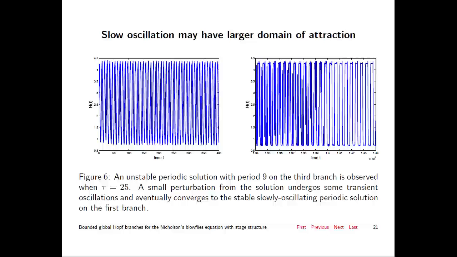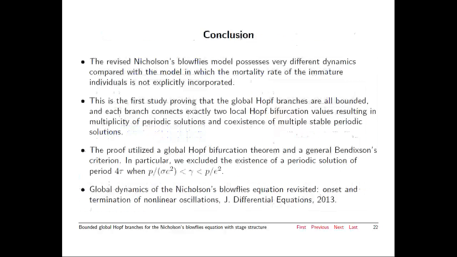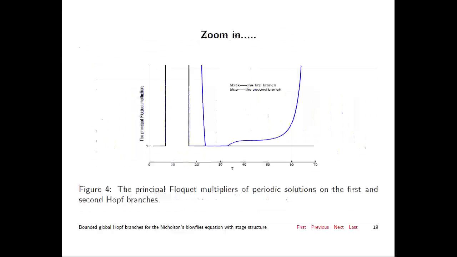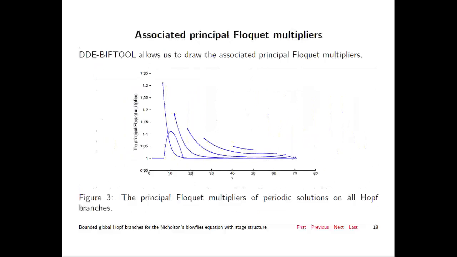We find that if we give a small perturbation to this unstable periodic solution, the solution will eventually converge to the slowly oscillating periodic solution on the first branch. And we have the same result for the unstable periodic solution on the fourth branch.